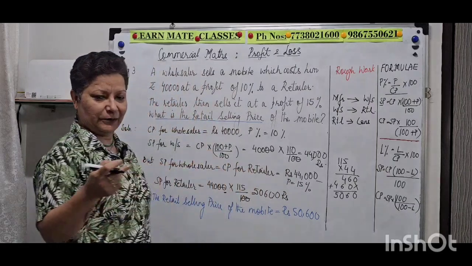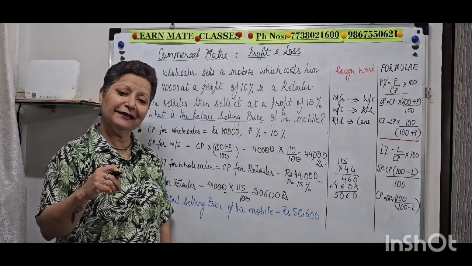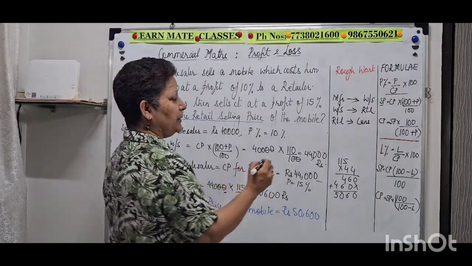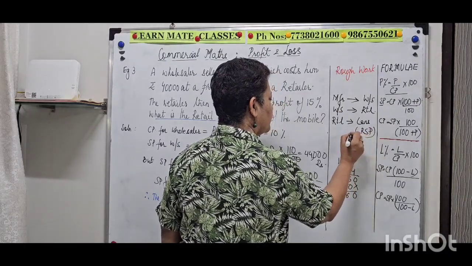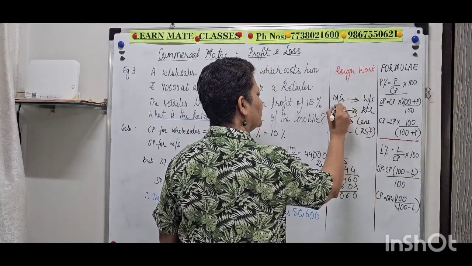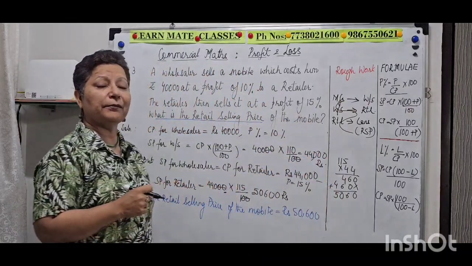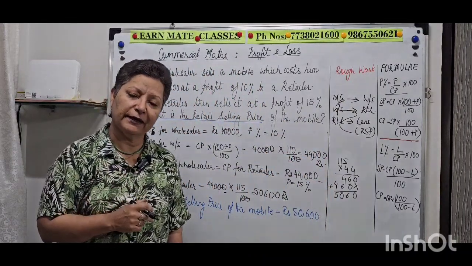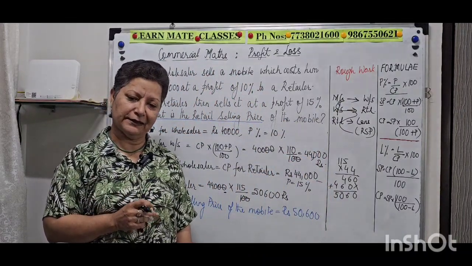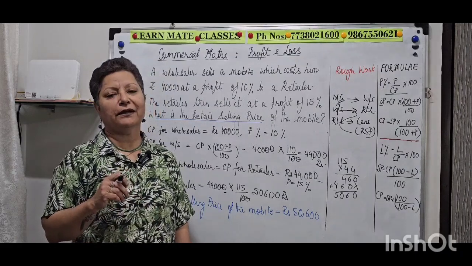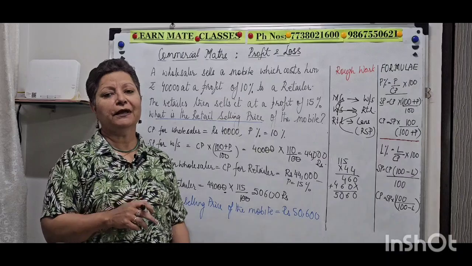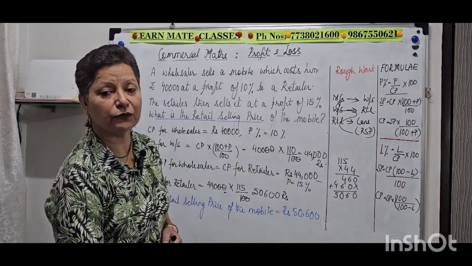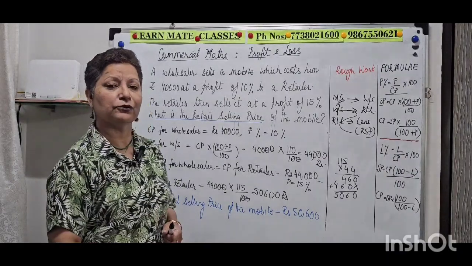The first method which I told you would have been easier. Similarly, if you had been told the RSP and from there you had to work back here, here, here and here, it would have been better if you applied the first method. Is that okay? So please keep in mind, at times there are more than one method to do a sum, but we need to keep in mind which one would be the better method to go about it.